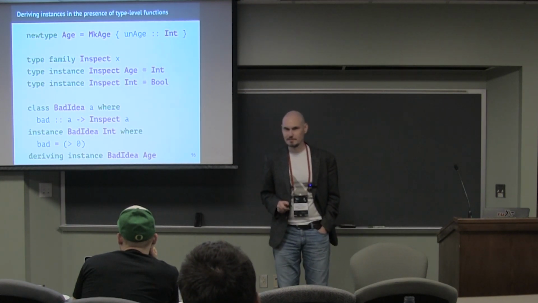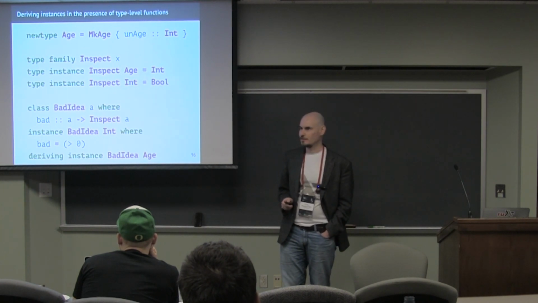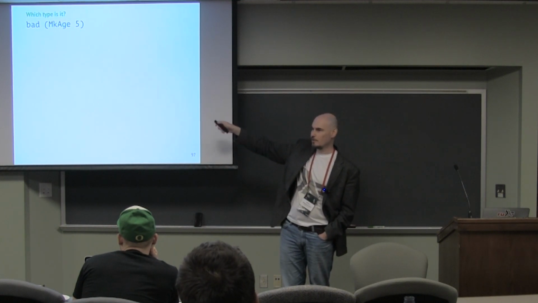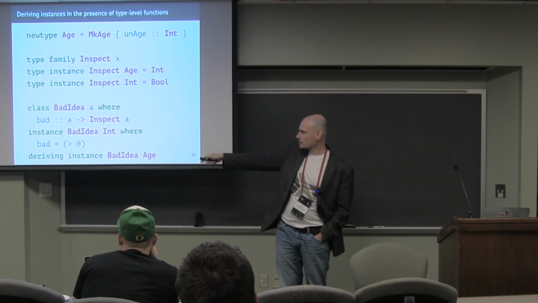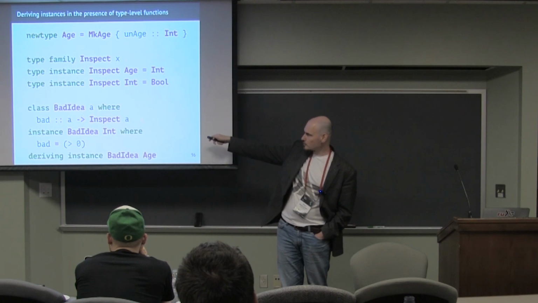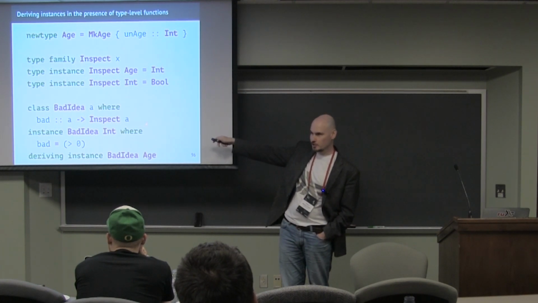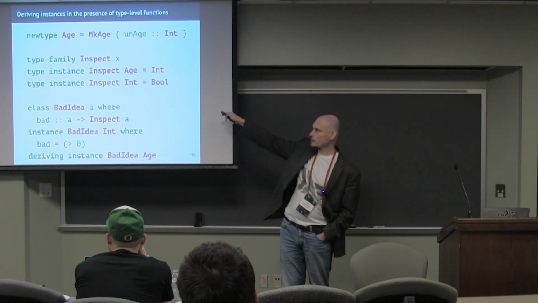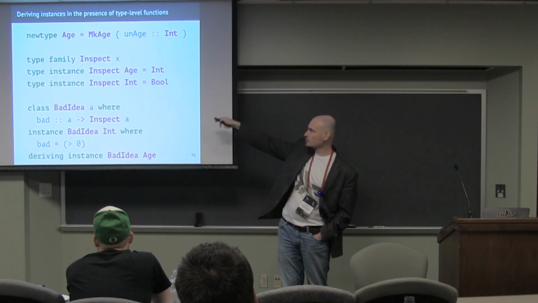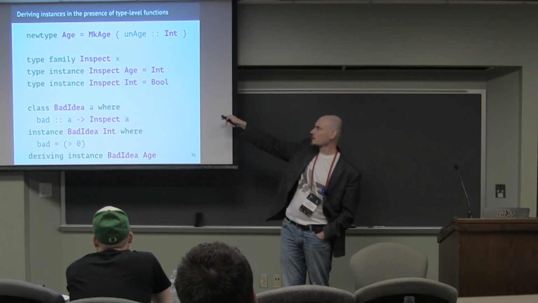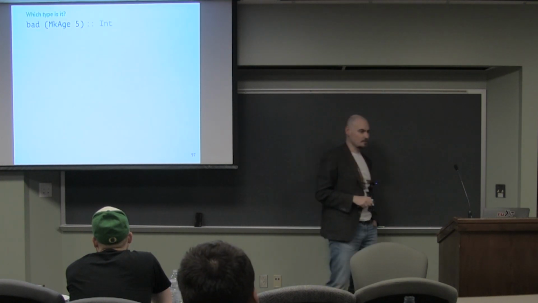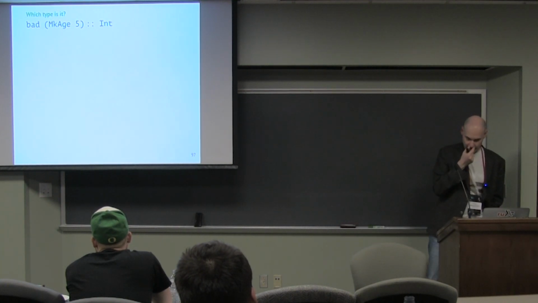Which instance is it? If the argument is of type Age, then it should be this instance, yes, this one. And in this instance, you have the type of result Inspect Age, so it will be Integer. You see? For this instance, it should be Integer because we have a type level function and it moves Age to Integer. So we have this expression of type Integer. It should be like that.